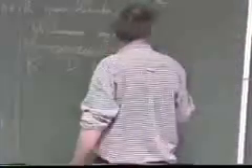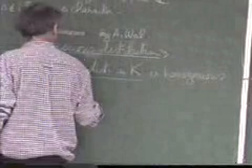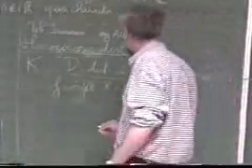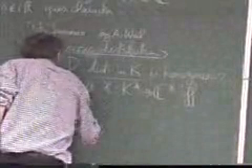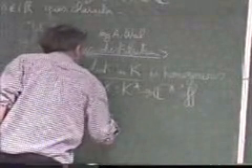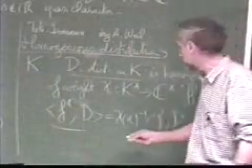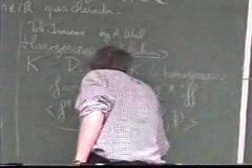A distribution on K is homogeneous of weight chi, where chi is a character of K star to C star, a quasi-character also if you want, if and only if, when you apply the distribution D to the function f shifted by a, what you get is chi of a inverse times D of f, where the shifted function is f sub a of x equals f of ax.